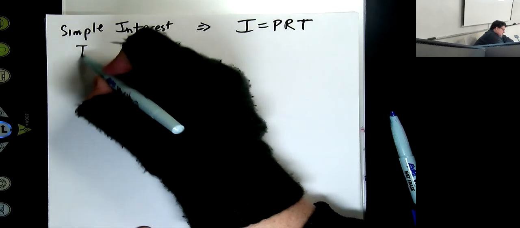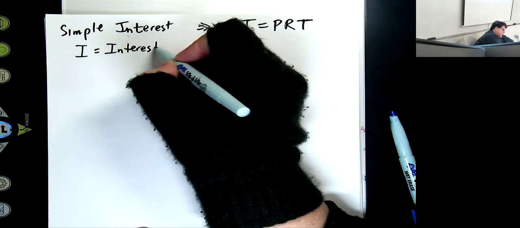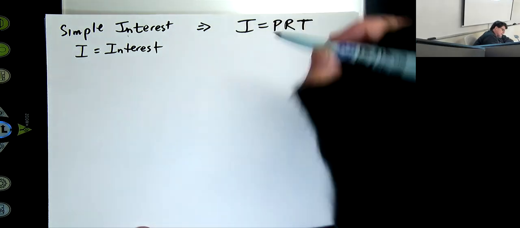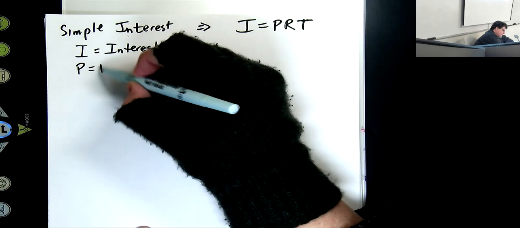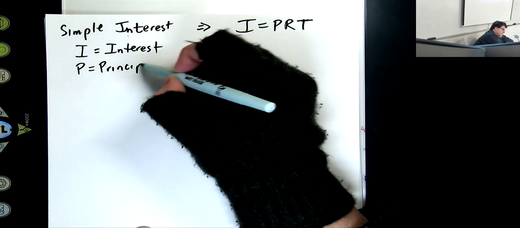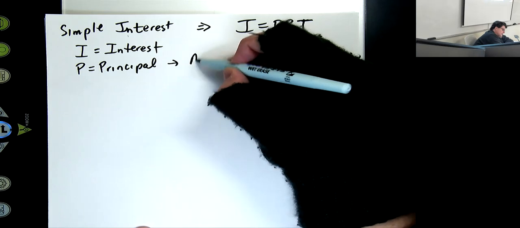I stands for interest. P stands for principal, and this is the amount of money you start with.